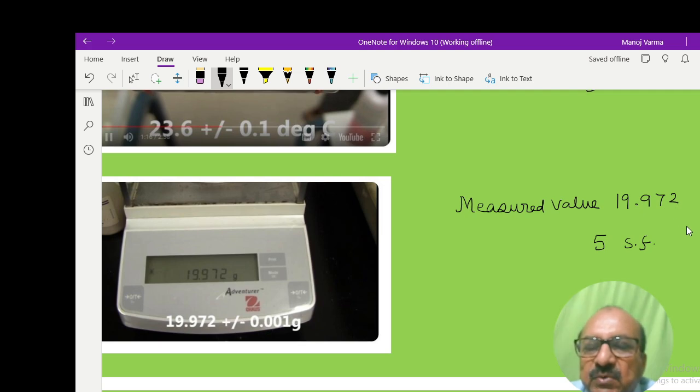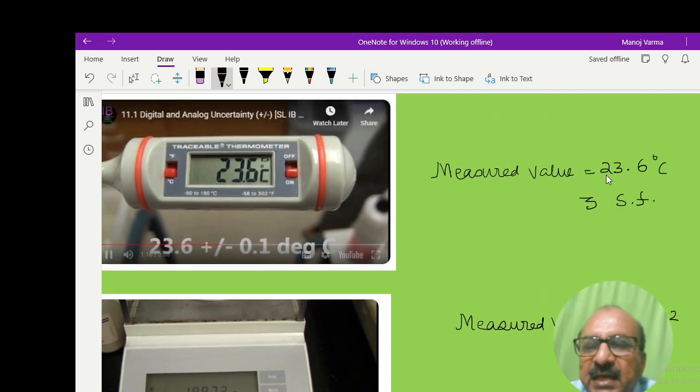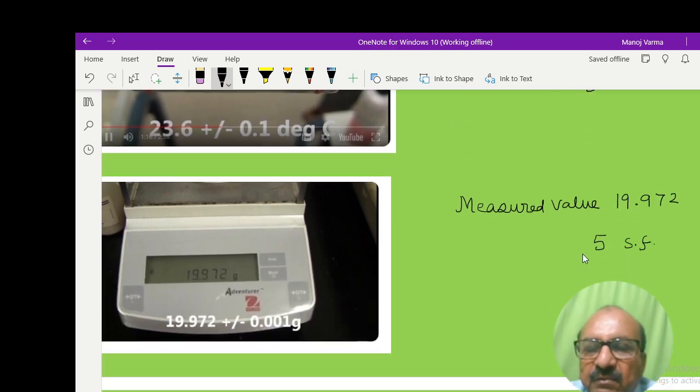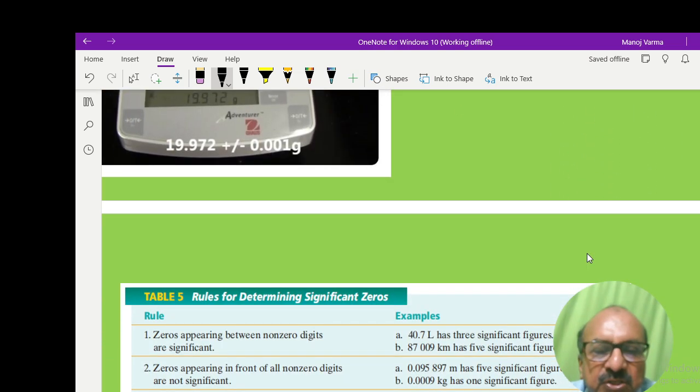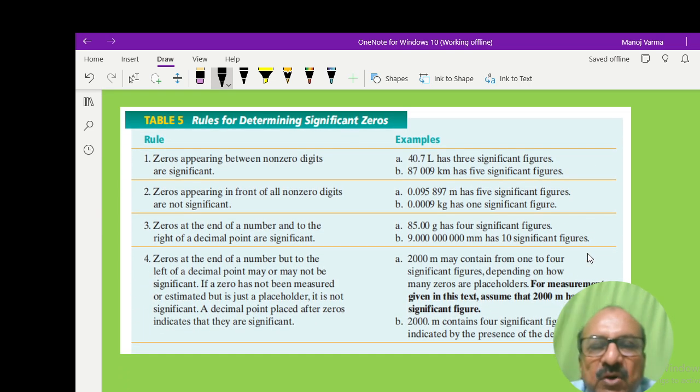As you understood, when there are no zeros and all are non-zero digits, it's very obvious that we have to count all the digits as significant figures, for example 3 or 5. But when it comes to 0, then the rules have to be understood, because then it becomes difficult to decide whether the 0 is significant or not.